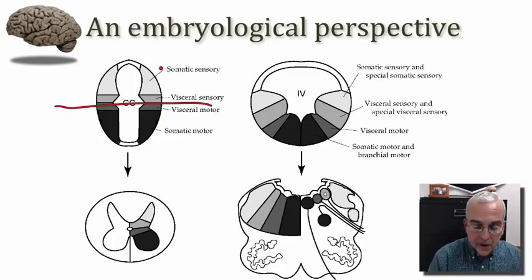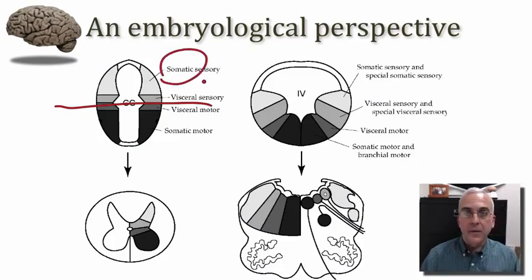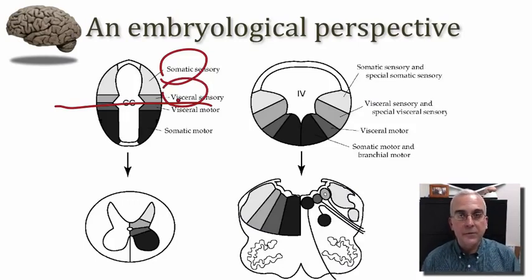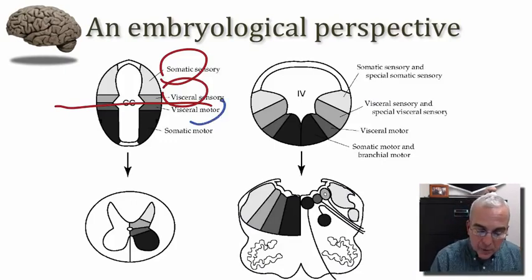Sensory signals derived from the peripheral parts of the body or the superficial parts of the body, and then sensory signals derived from the viscera, the more interior organs within the body. That's all found in the dorsal aspect of the developing neural tube that will form the spinal cord. The ventral part, on the other hand, is motor.